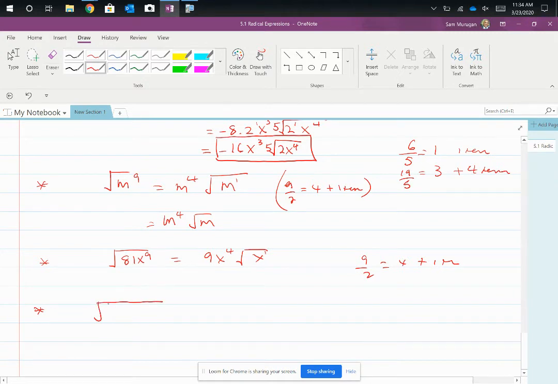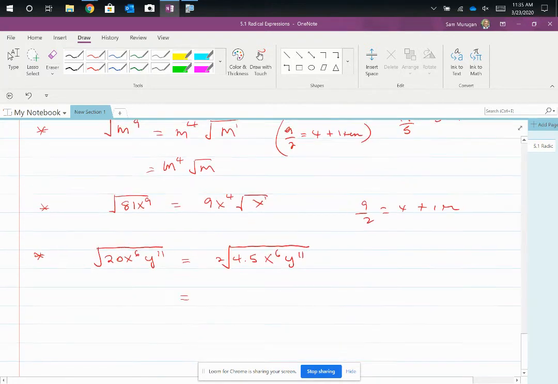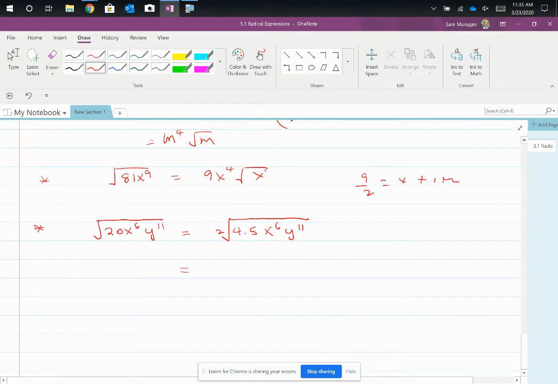Square root of 20x to the 6th power y to the 11th power. We have to do a little work here. This is the square root of 4 times 5, x to the 6th power, y to the 11th power. The square root of 4 is 2.